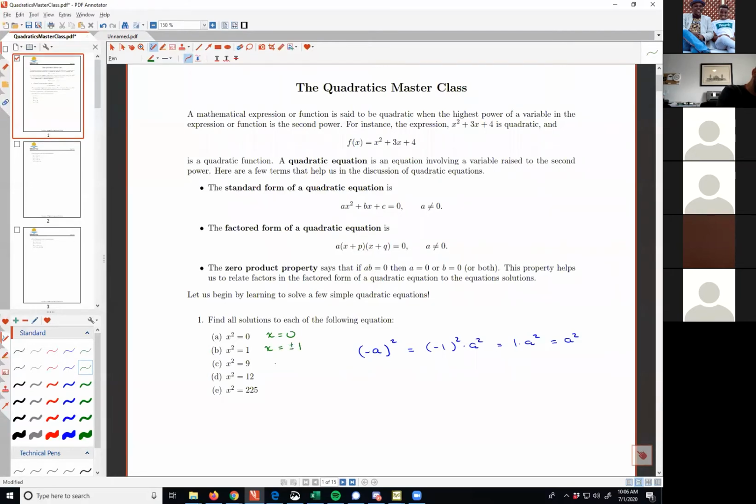There's a specific symbol. What about D? X squared equals 12. Plus or minus 2 root 3. I'm going to say x equals plus or minus the square root of 12. We're undoing the square process.